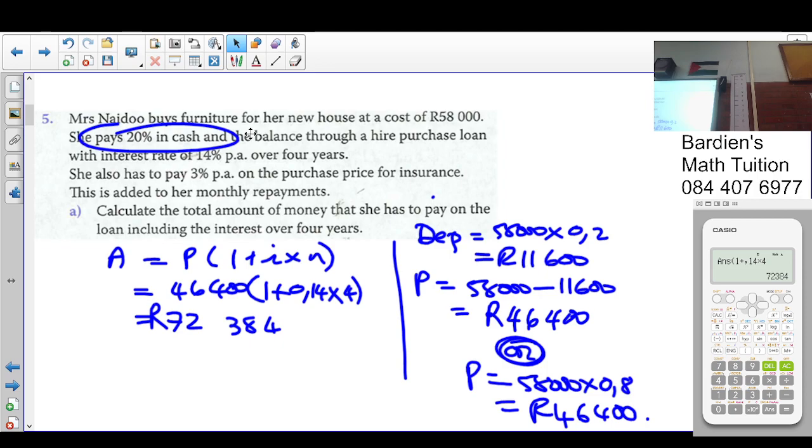Then the company replaces this furniture within the 4 year period to its full state. If it's a fire, they would replace it. With some water damage, they would probably fix it. If they break into the house and steal all the furniture, they will replace it for you, provided that you're paying that 3% every month.